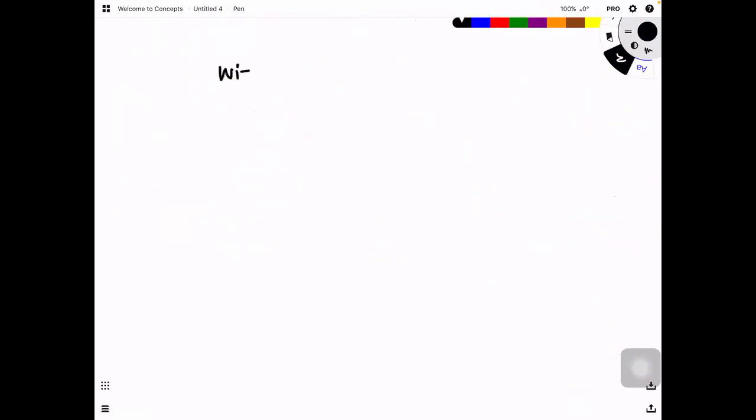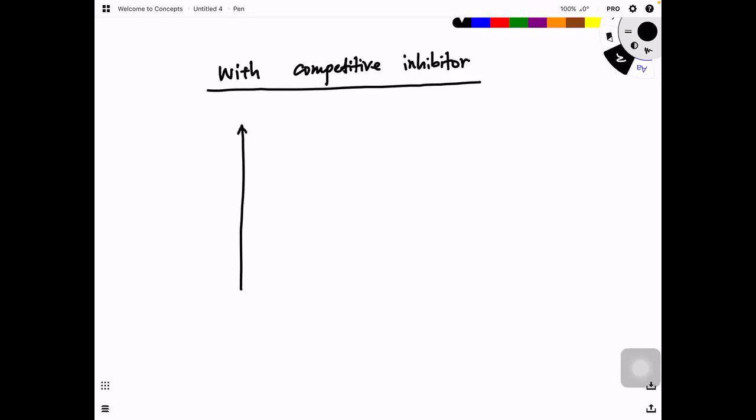So with competitive inhibitor, again the same graph. This is the initial rate of reaction versus substrate concentration. So I draw back the same graph.